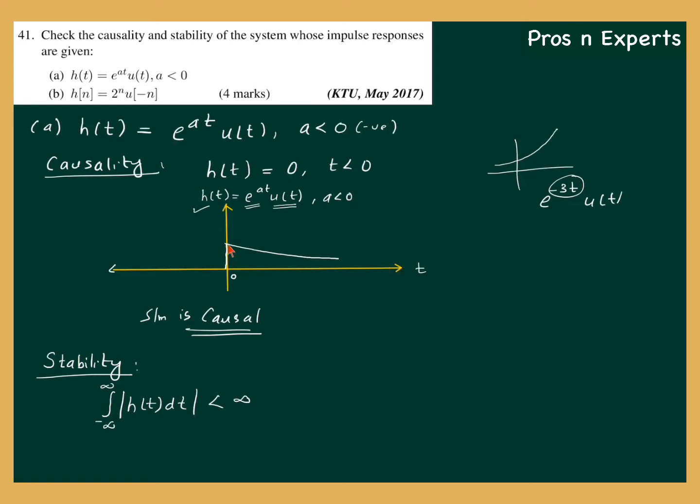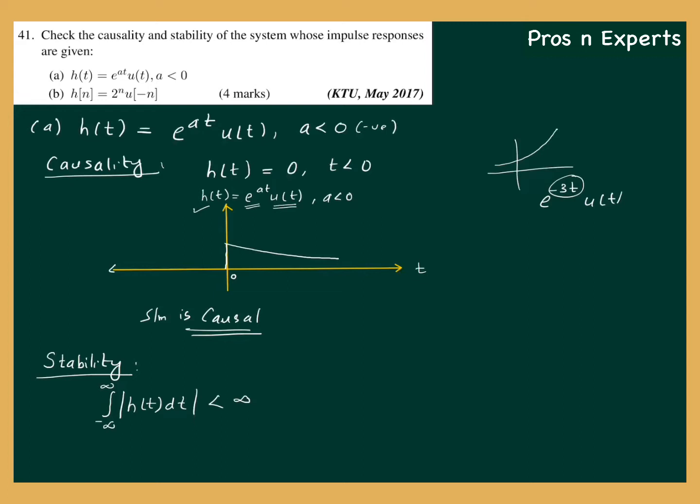So integrating this signal from minus infinity to plus infinity will give you a finite number, right? Because the signal is converging, the area is going to be finite. So simply by looking at h of t, we can say that this system is stable. Or if you want a mathematical proof, let us do that.